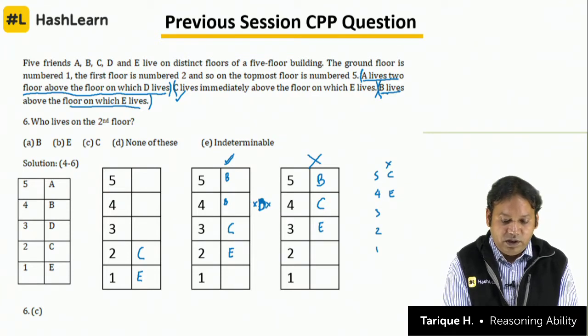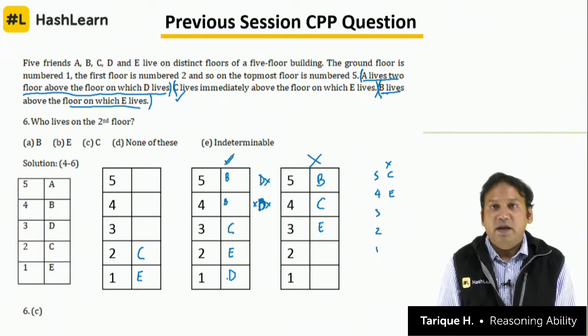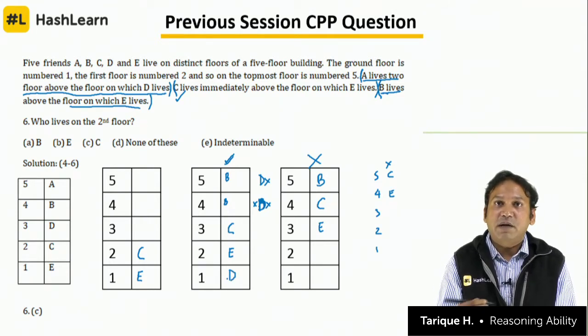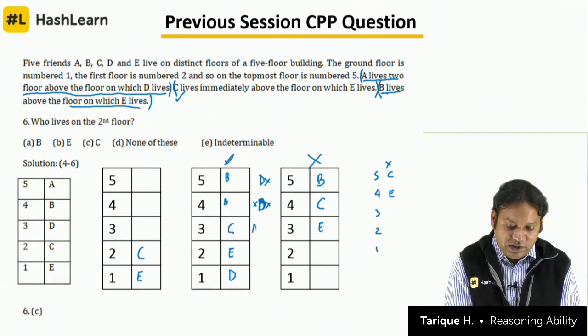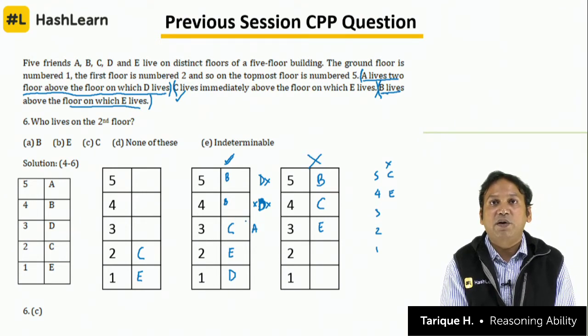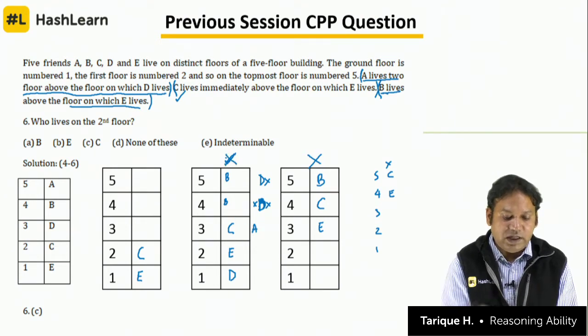So this is not possible. D cannot come here also. Okay, so there is only one place for D, this one. Now A lives 2 floors above D, so A must be in the place of C, which is not possible because C is already occupied. So ये second case भी cancel हो जाएगा.